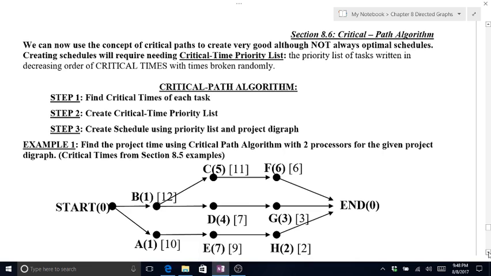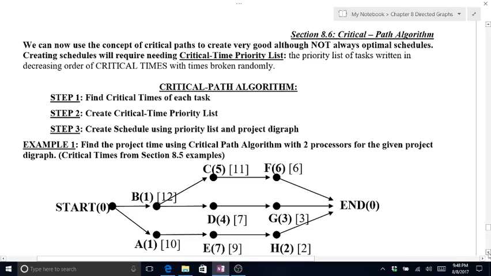It's just like the decreasing list we did in section 8.4, except instead of using the processing times, the ones in parentheses, we're going to use the critical times, the ones in brackets. Then we create the schedule using the priority list and the digraph.